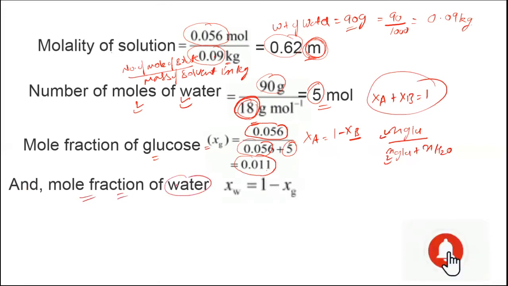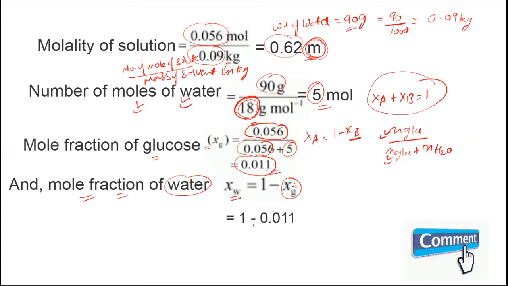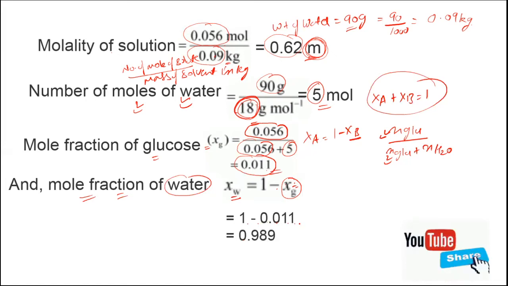How? The mole fraction of water is equal to 1 minus the mole fraction of glucose. Mole fraction of glucose we already calculated, so the value comes to be 1 minus 0.011. When we subtract it, the value comes to be 0.989. This is the mole fraction of water.